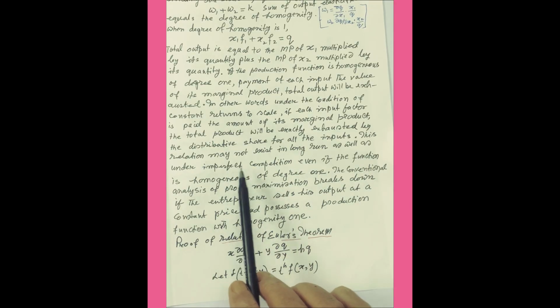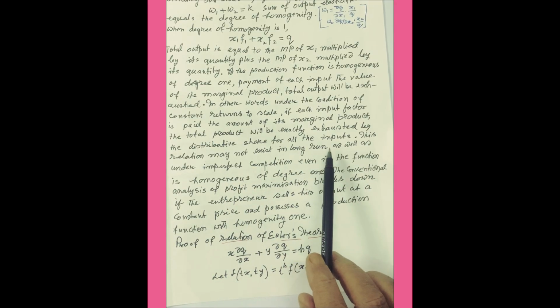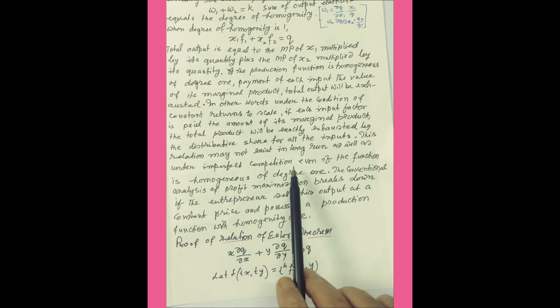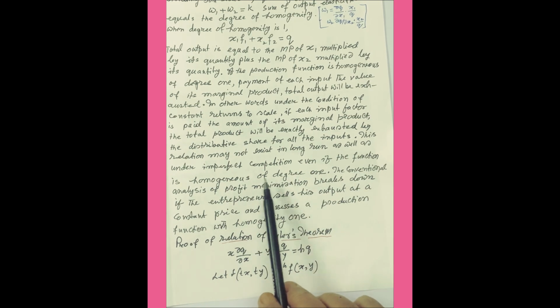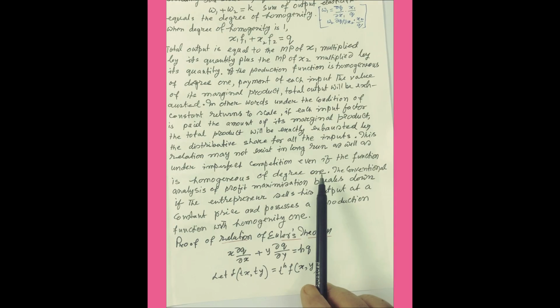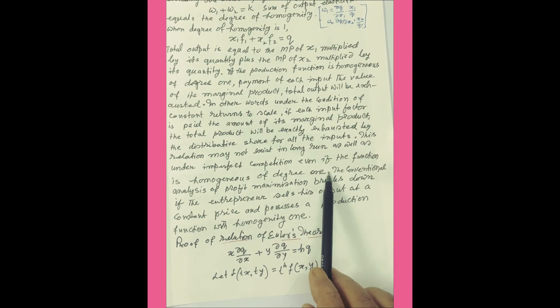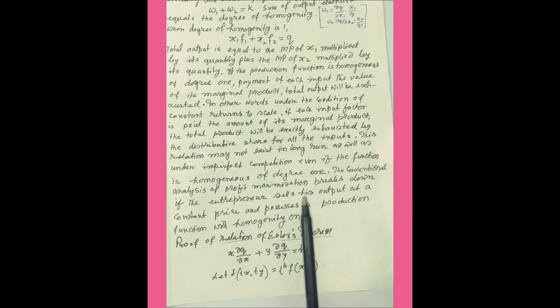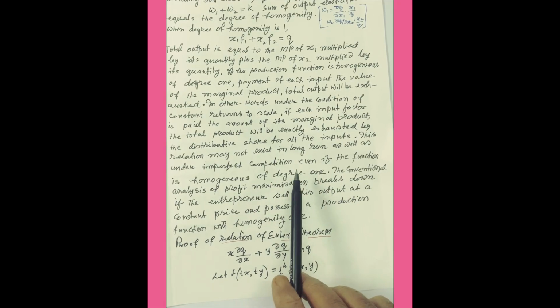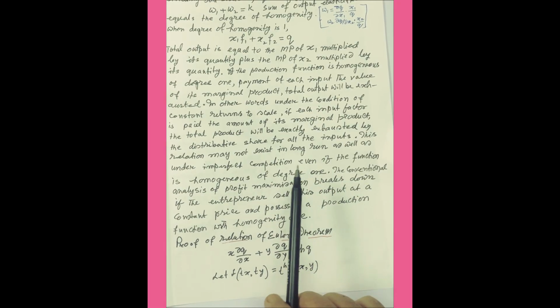Now this relation may not hold in the long run, as well as under imperfect competition, even if the function is homogeneous of degree 1. So this is the limitation of Euler's theorem.